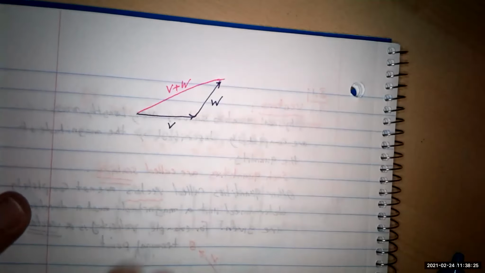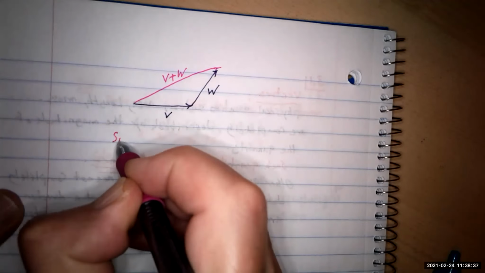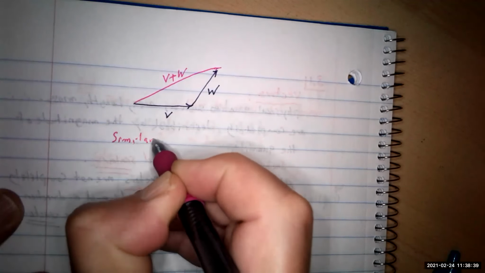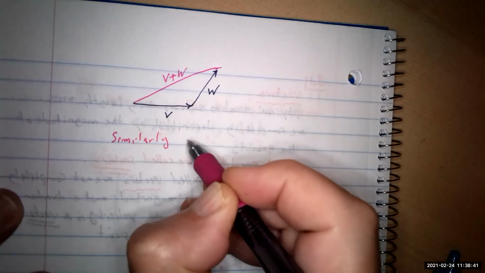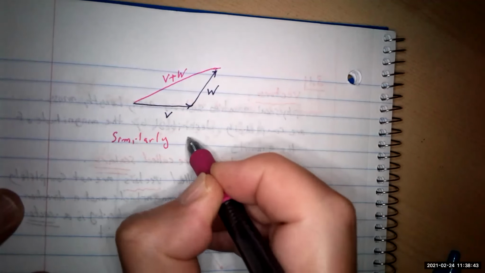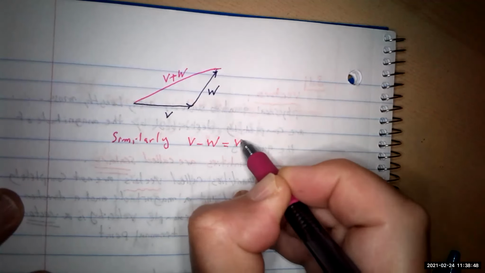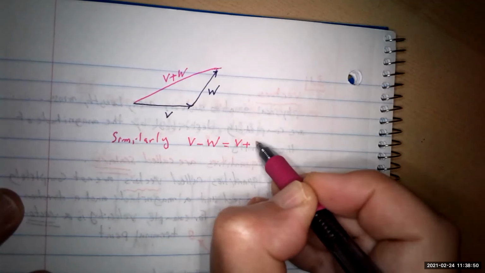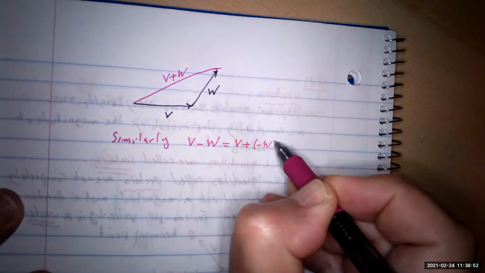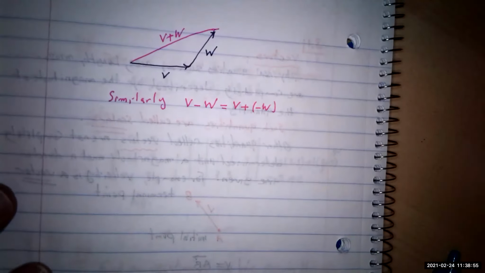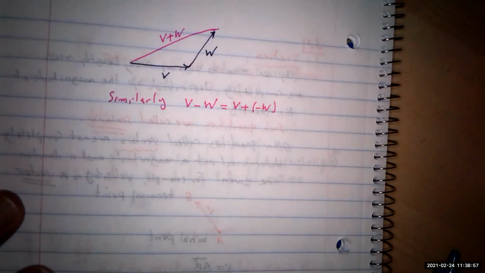So geometrically we are able to find the sum of two vectors. Similarly, we can define the difference. If you want to define the difference v minus w, what we can do is v plus negative w, because the scalar multiplication is already defined.